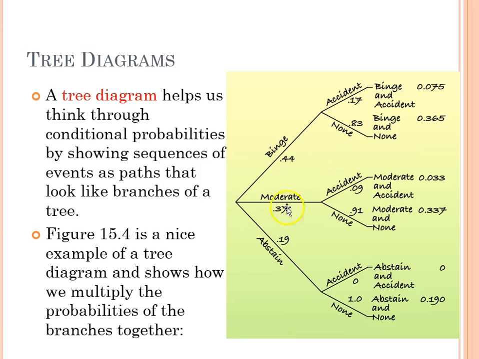So whether or not you drink will affect the likelihood that you get in an accident. You can see the accident probability changes in each of these different branches. And so drinking, therefore, affects the likelihood of accidents. And then you just multiply these together to get this last column, which is the general multiplication rule in action.